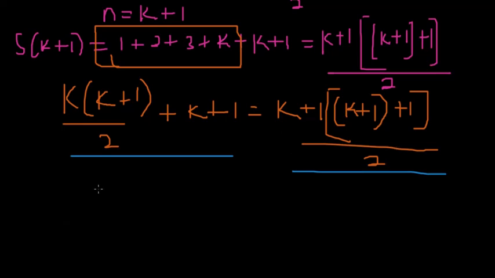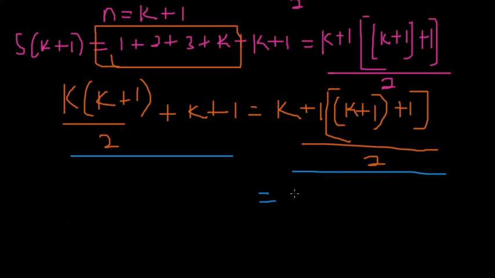Let's try to prove this. Let's prove for the right hand side first. So we have (k plus 1), open bracket, (k plus 2), divided by 2. And then let's look at the left hand side.